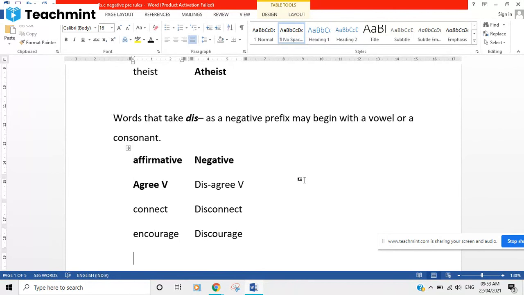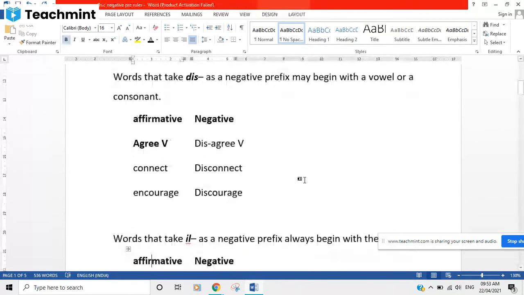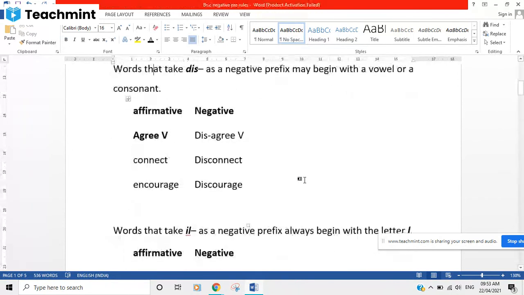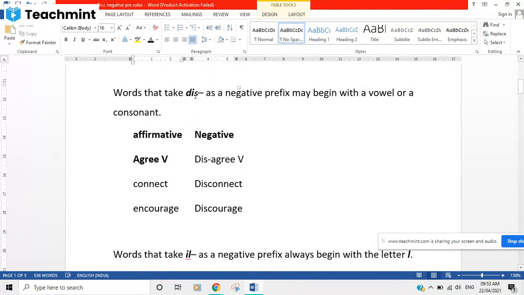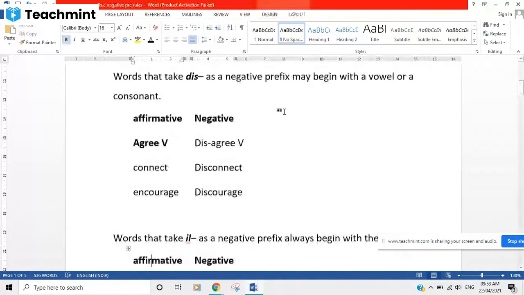Here, the word moral is given, and by adding the negative prefix im, it has been turned into a negative word. That is, moral has become immoral, patient has been turned into impatient, and possible becomes impossible.